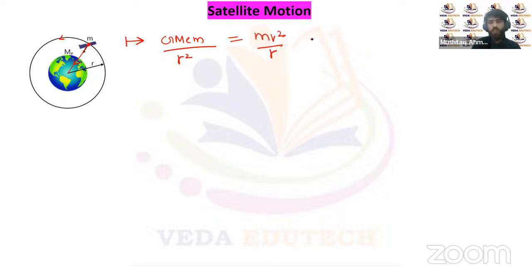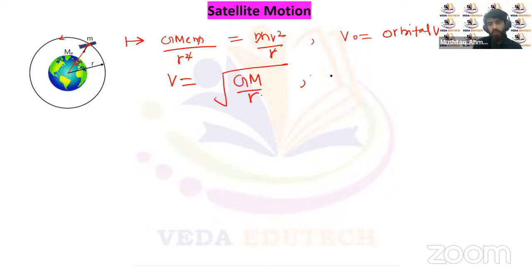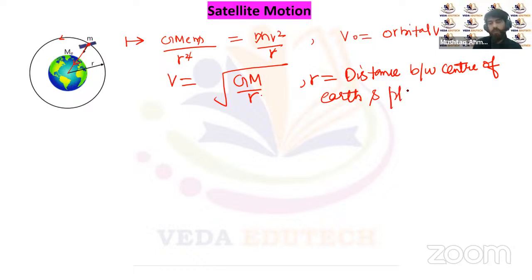Now let's suppose it moves with the orbital velocity v naught. Then we can find this orbital velocity. It will be under root of GM upon r, where r is the distance between the center of Earth and the satellite, not planet.